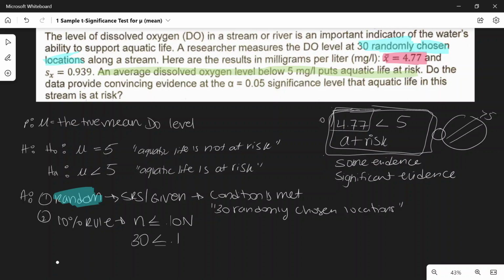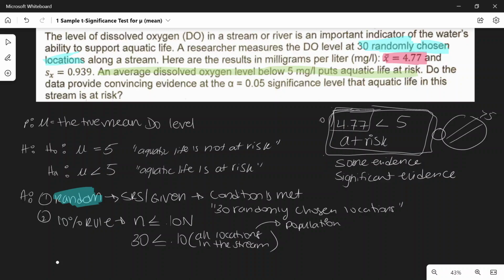It should be less than 10% of all locations in the stream, because that is your population. So all locations in the stream, 30 should be less than 10% of all of the locations.